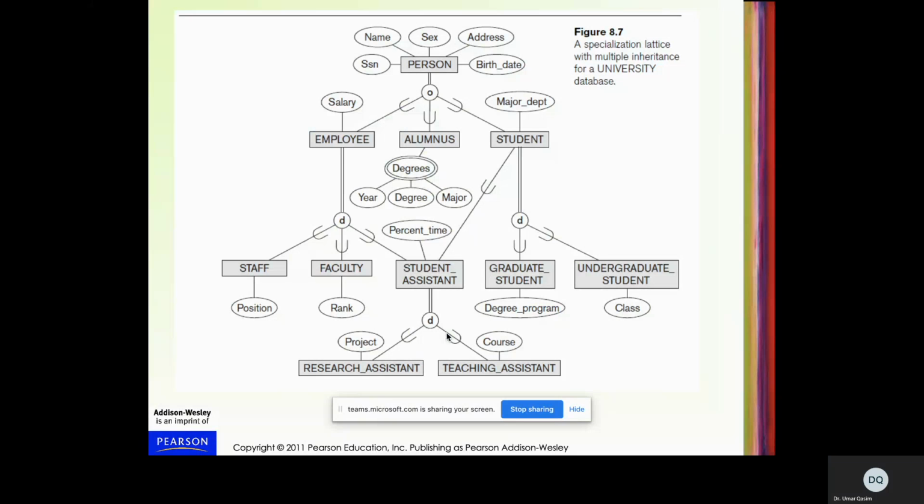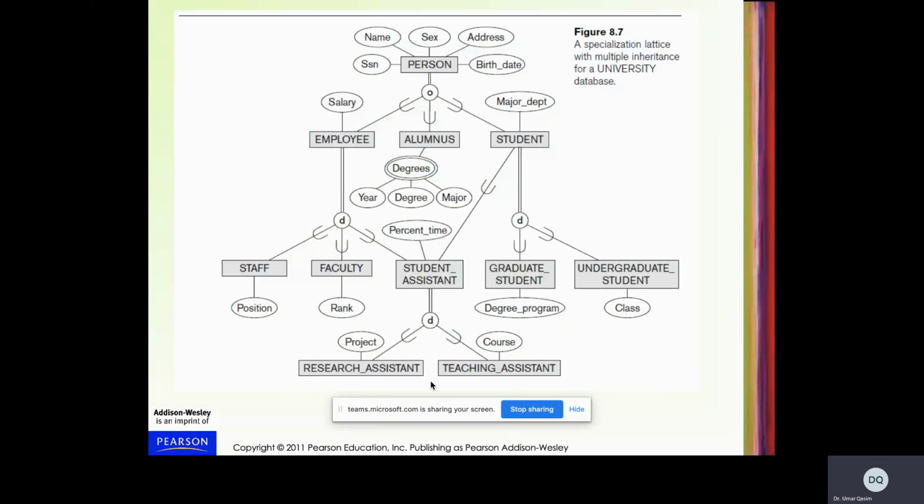Now, if a person is a student assistant, then you have multiple inheritance coming from employee and also from student. So we have two superclasses in this case for student assistant. This shows how a student assistant is associated with a person.